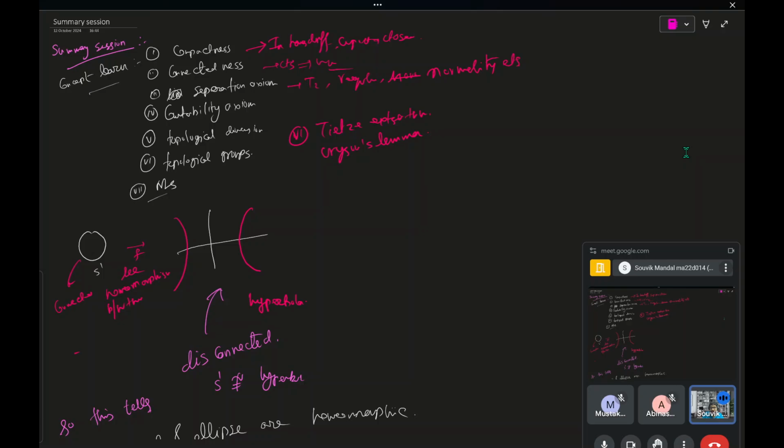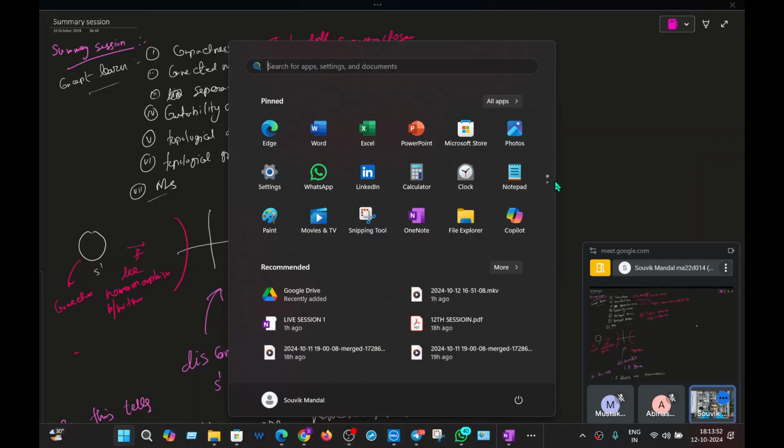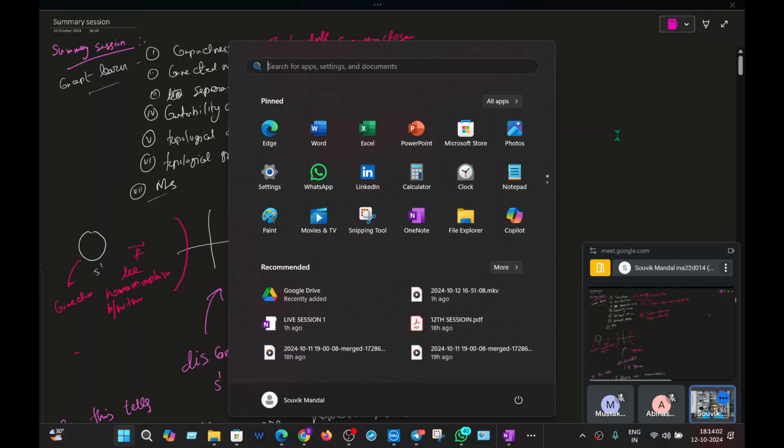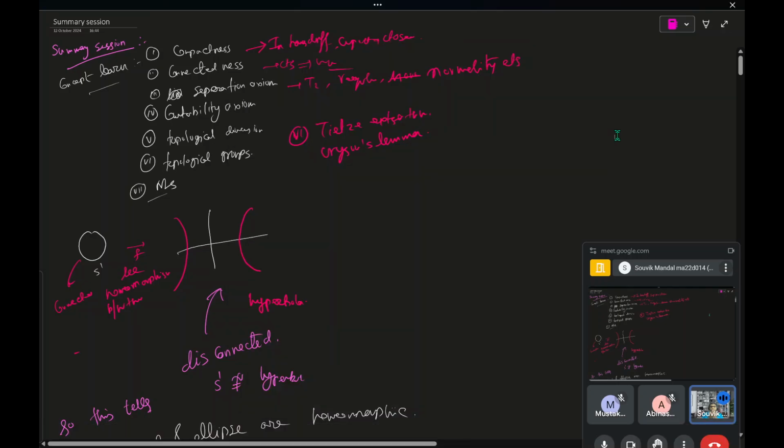In this type of situation, try to prove it as much as you can, or at least if it is not possible to prove mathematically, try to give some kind of argument, like for a circle and ellipse, if we stretch the circle, then it will be an ellipse.